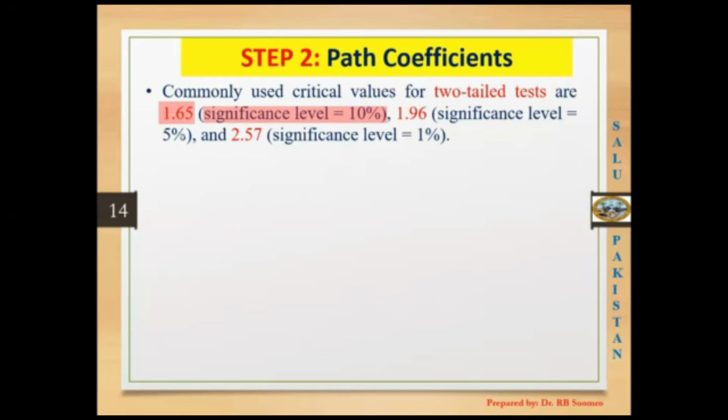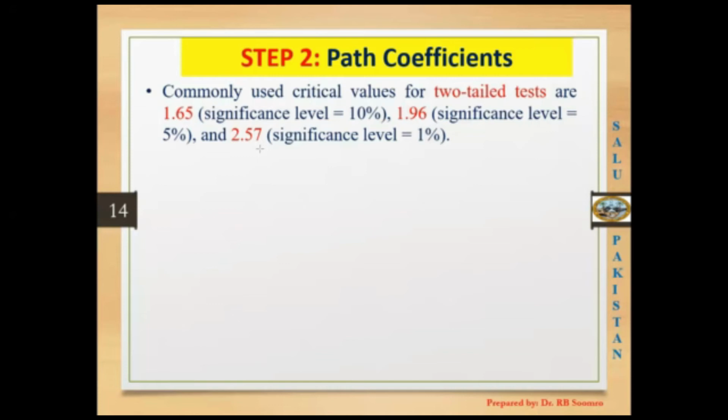When the p value is 5% and the t value is higher than 1.96, then again it's significant. When our p value is 1% and the t value is higher than 2.57, then again it is significant. If it's not higher than this, then all our relations are insignificant.